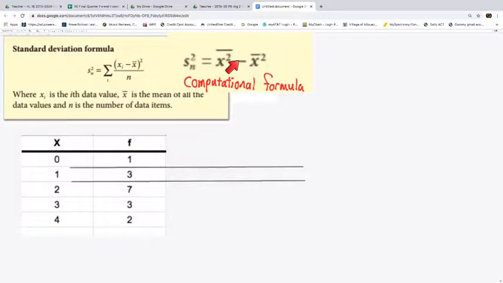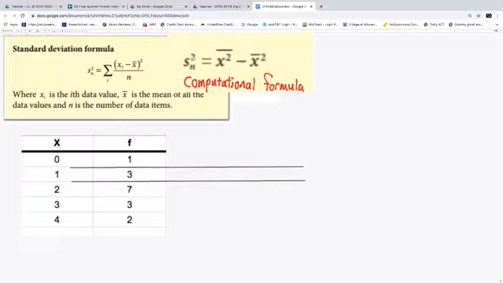Now, the way that we would read this if we were trying to translate it is we're going to take the average of the squared outcomes, and then we're going to subtract the square of the average. So the average of the squares minus the square of the average.